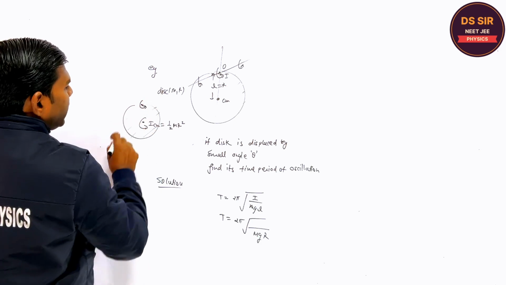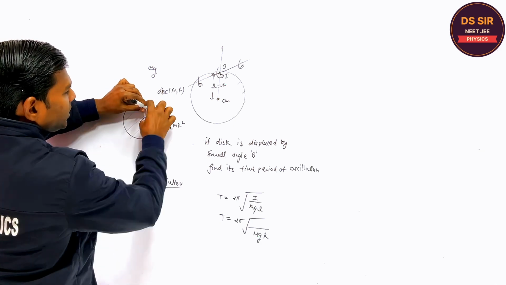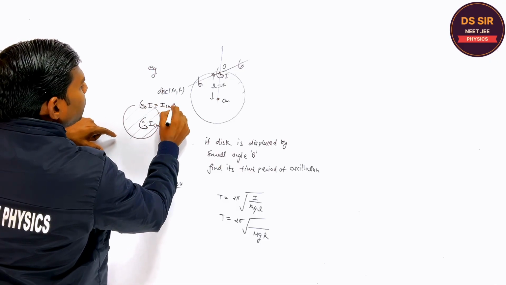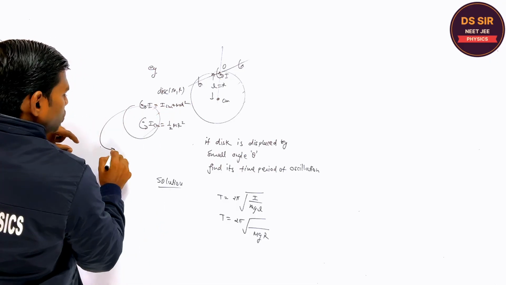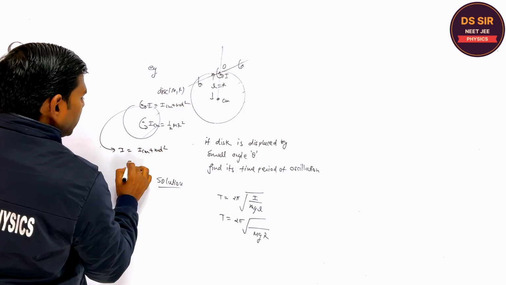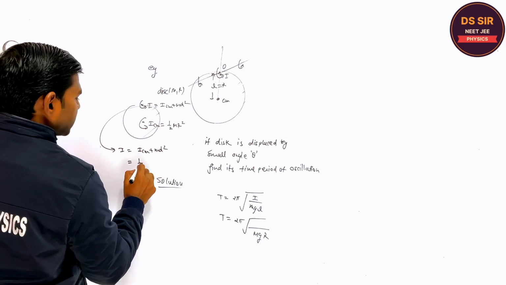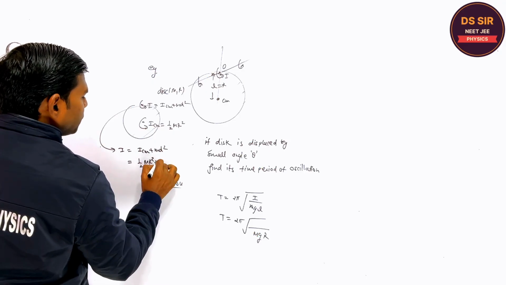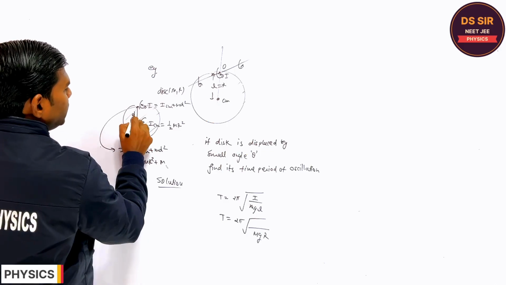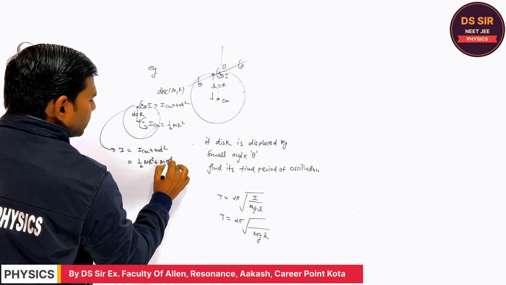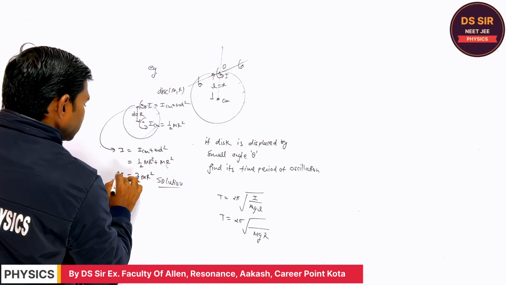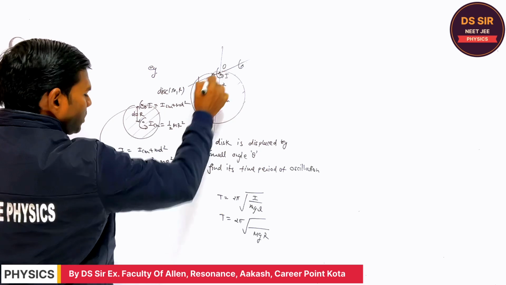This is one axis, this is the other axis, the two parallel axes. So what is I? I is equal to ICM plus m into d square. The ICM of the disk is half mr square, and d is the separation, which is equal to capital R. So this is equal to 3 by 2 mr square, the moment of inertia about this axis.